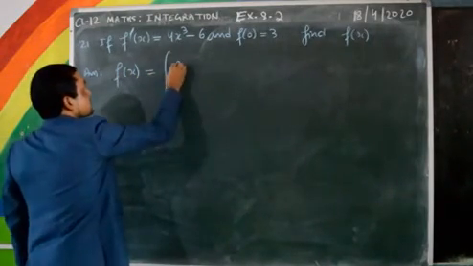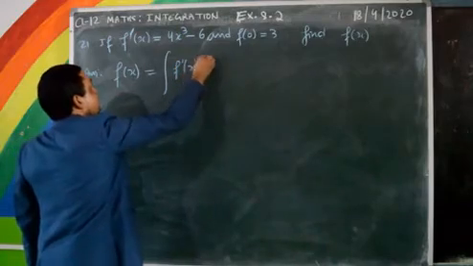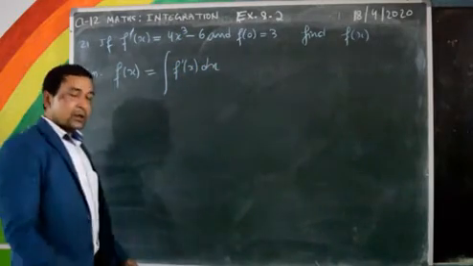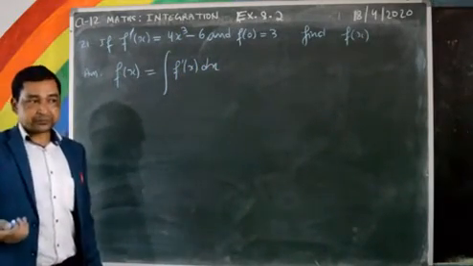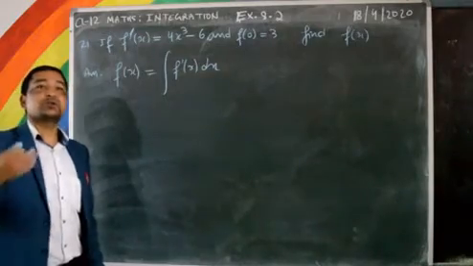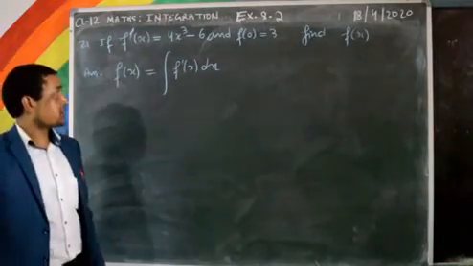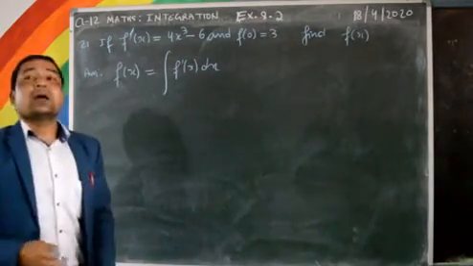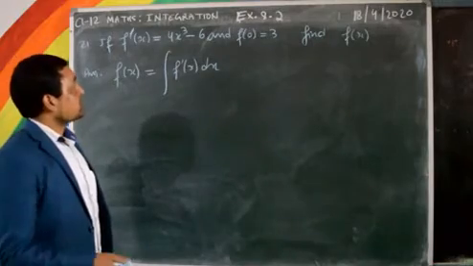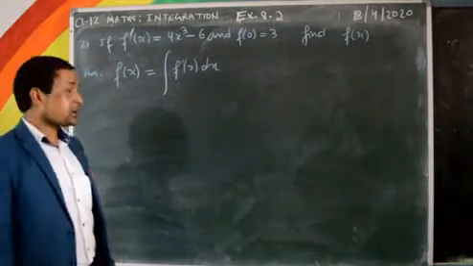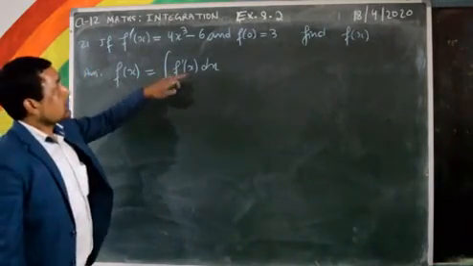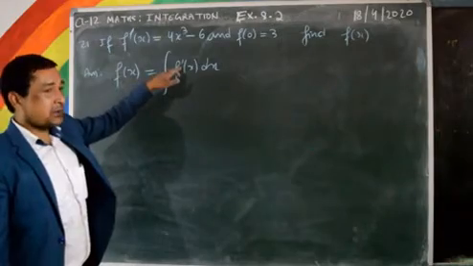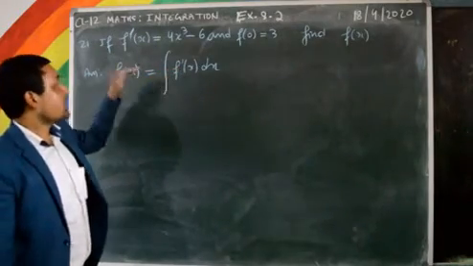Fx is equals to integration of f dash x. Okay, this is a formula. If you want to get the original function after doing differentiation, just do the integration. That's why they are anti-related. Differentiation and integration, anti-derivative.